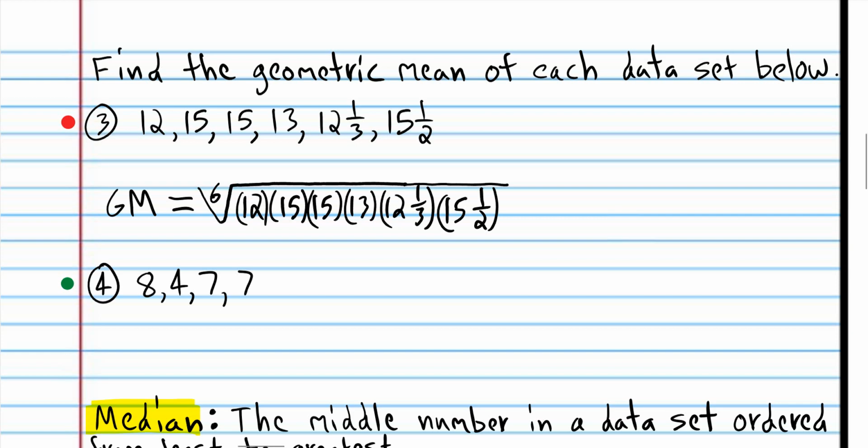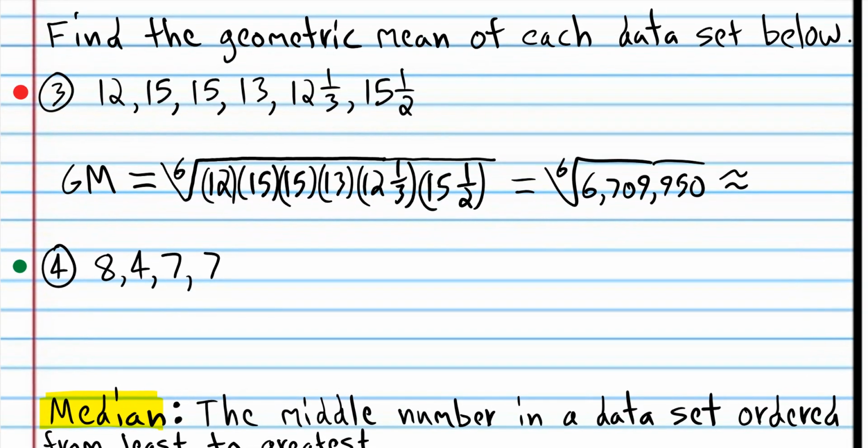Enter, and we get the 6th root of 6,709,950. Now, we have to find the 6th root. If you're using your iPhone, you can just enter 12.3333 and just keep entering 3s.